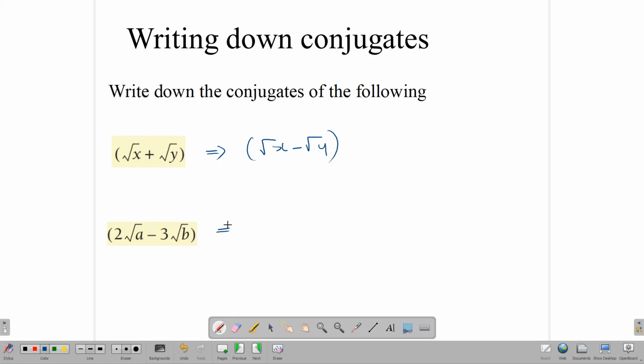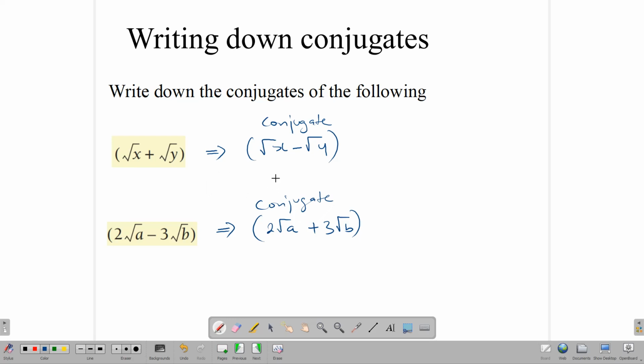And in this one, the conjugate of the expression 2 root a minus 3 root b, we write 2 root a back, and we change the minus to plus, plus 3 root b. So there's no big challenge in writing down the conjugate.